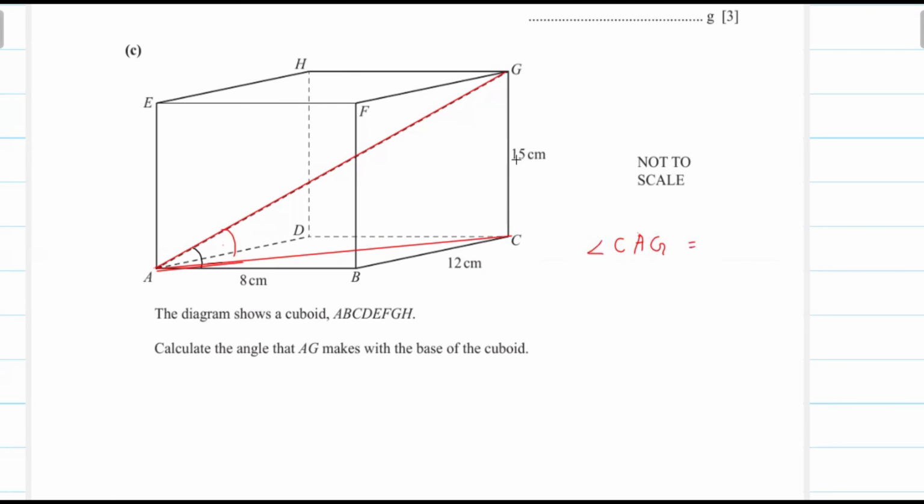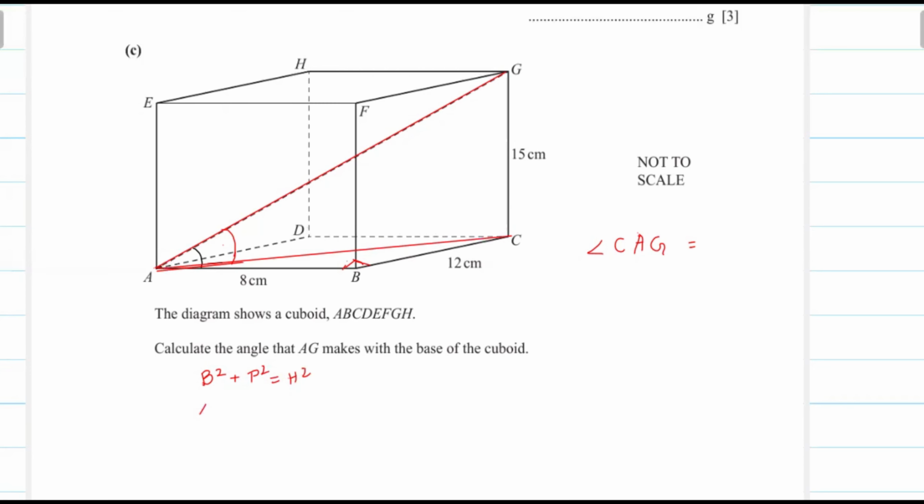We can calculate this angle if two sides in this triangle ACG are given. If we calculate the length AC, we can easily find this angle CAG. Firstly, we calculate this length AC. Look here, triangle ABC is a right angle triangle, and in this right angle triangle we use the Pythagoras theorem, base squared plus perpendicular squared equals hypotenuse squared.